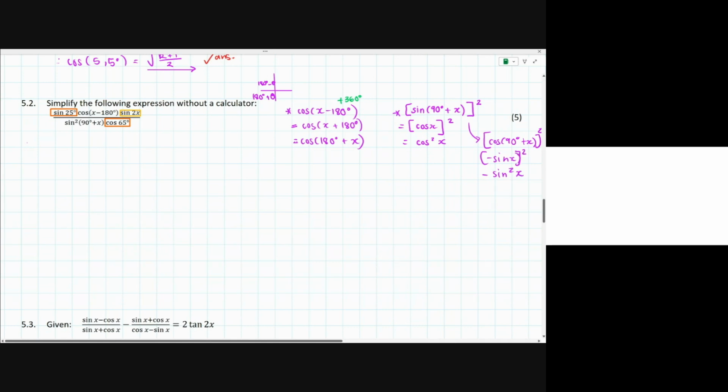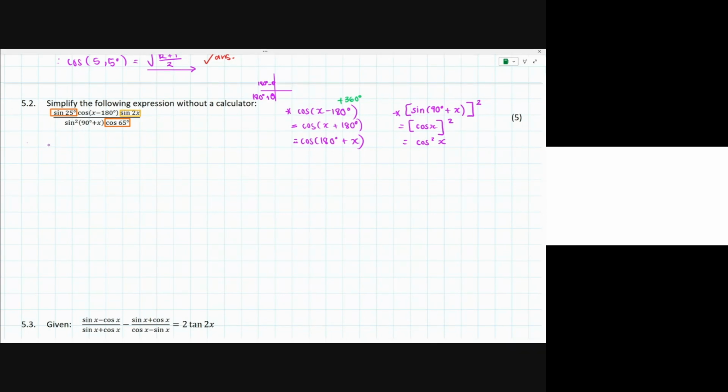No, if we square a negative, that's positive. So that's why I'm saying rather write it with the brackets, because we don't want to make a silly mistake like that. We want to get our signs right, and make sure that we are actually applying our co-ratios and our operations correctly.